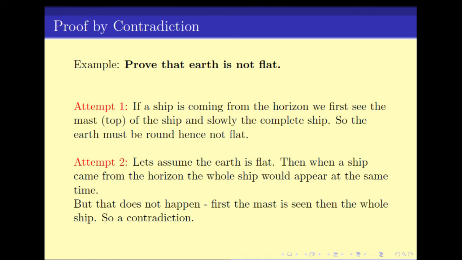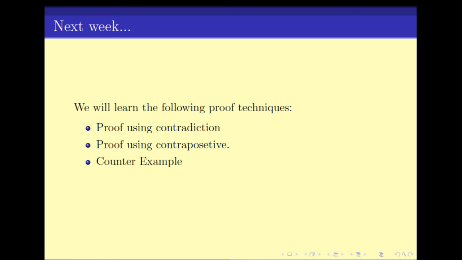So this is the main way of attacking a proof by contradiction. We will of course come back next week and do a lot more problems on proof by contradiction. Next week we will be doing proof by contradiction, proof using contrapositive, which is also similar to contradiction, and counterexamples. Thank you.